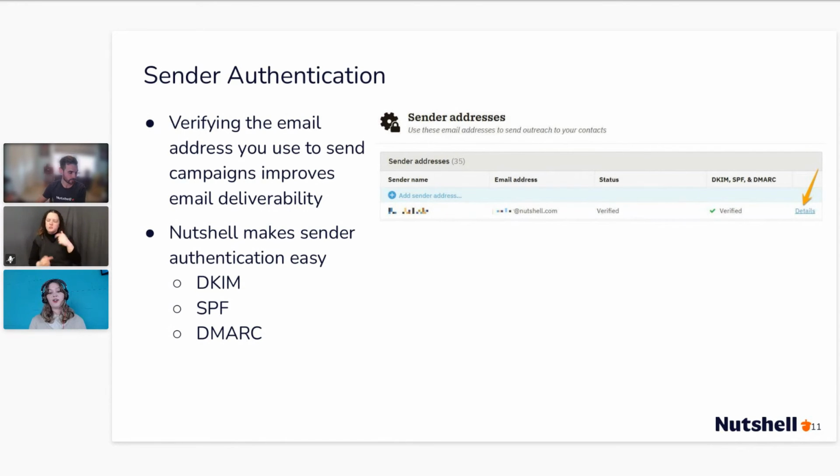And luckily, Nutshell makes sender authentication easy by outlining the different steps you need to follow to implement these records and comply with the new rules. And again, this step is extremely important as you may run the risk of your emails getting rejected altogether without the DMARC records in place.